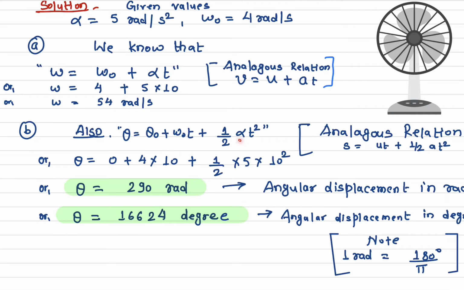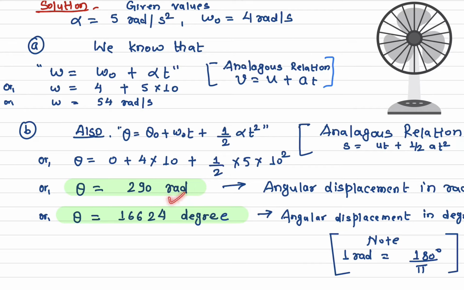Alpha is the angular acceleration. That means it is speeding up, just like the moment when you turn the fan on. It keeps speeding up, and the rate at which the angular speed changes is the alpha, or the angular acceleration, and that is given as 5. And again, t is 10 seconds. If you solve it, you get 290 radian.